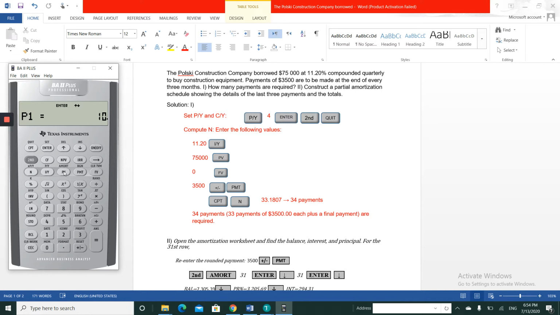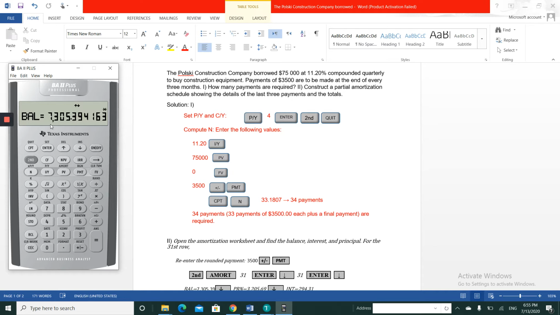So I need the unpaid balance for payment number 31. P1 is 31, then enter, go down. P2 also is 31, then enter, go down. You can see the unpaid balance for payment number 31.